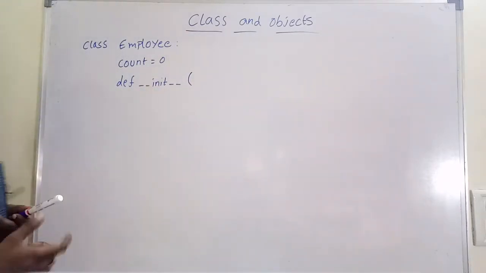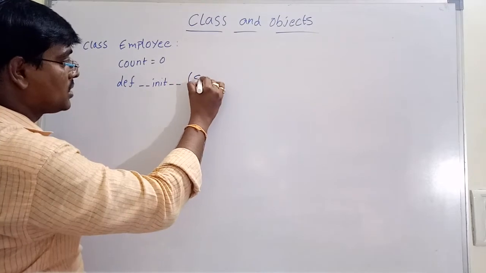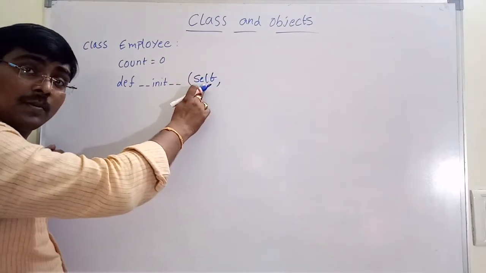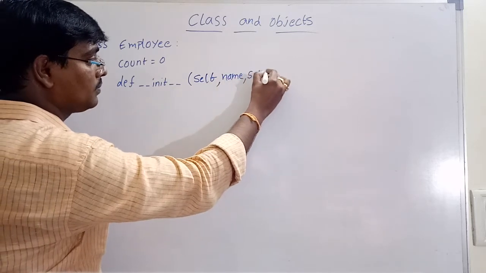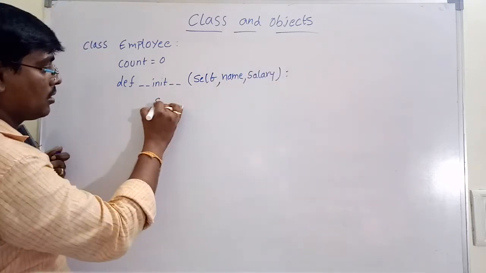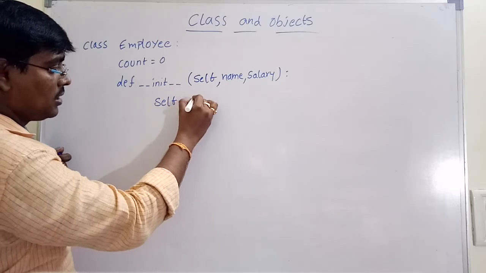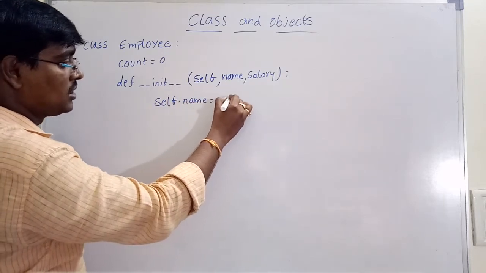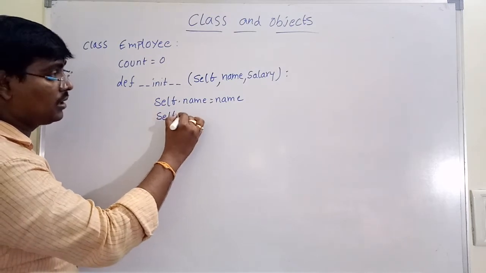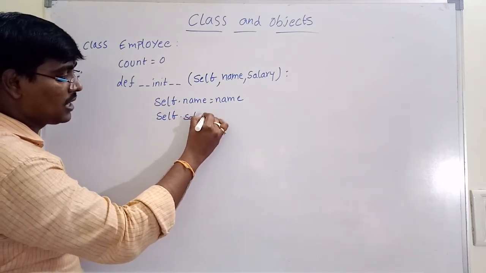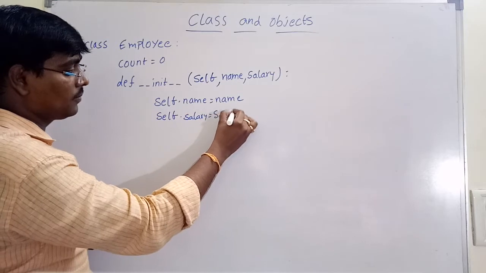In def __init__, compulsorily the first argument is self. I am using two variables, name and salary. self.name is equal to name. If you are using a constructor like this, you have to write this. self.salary is equal to salary.